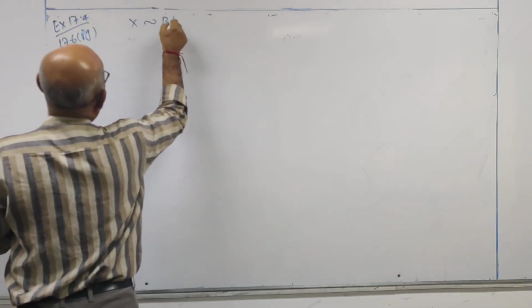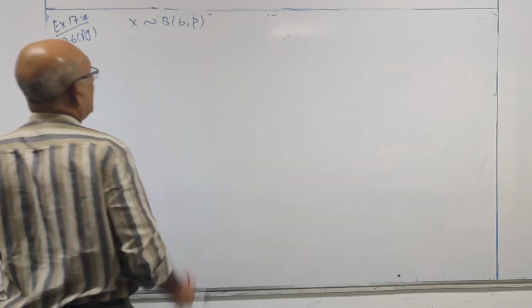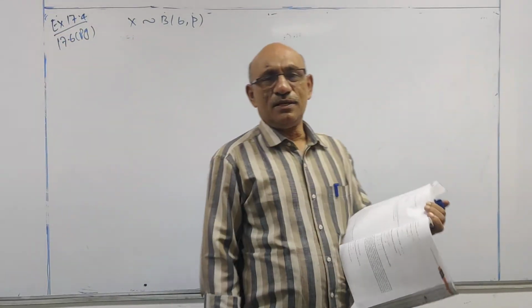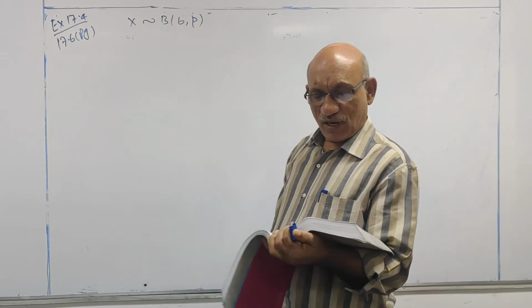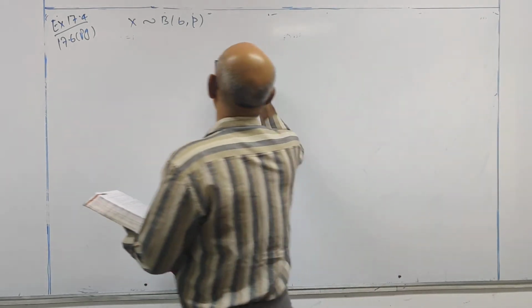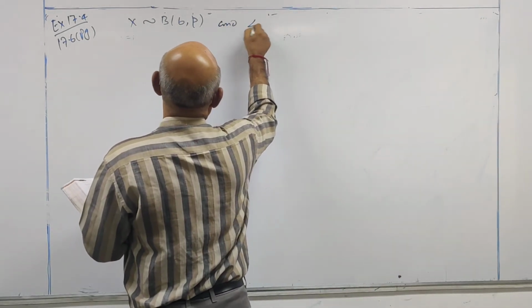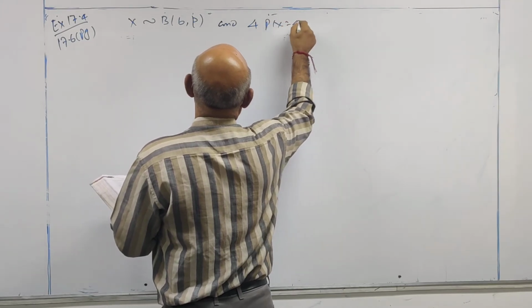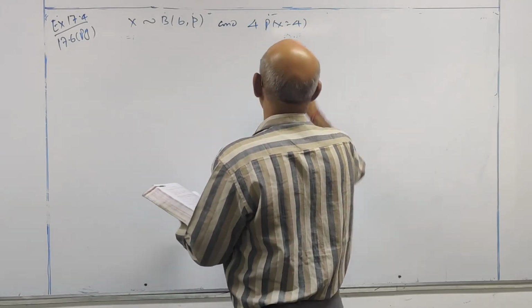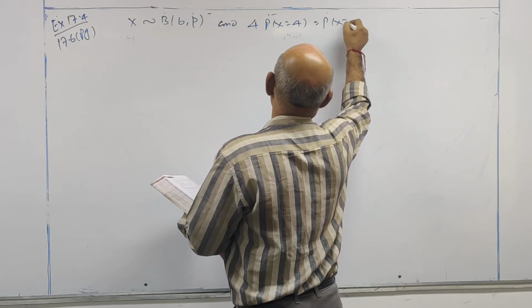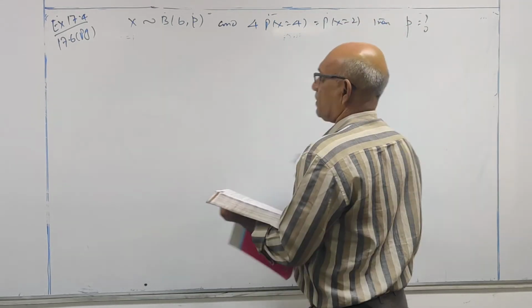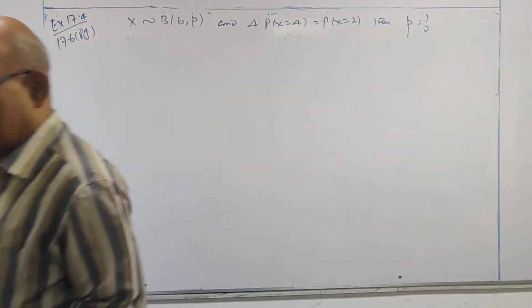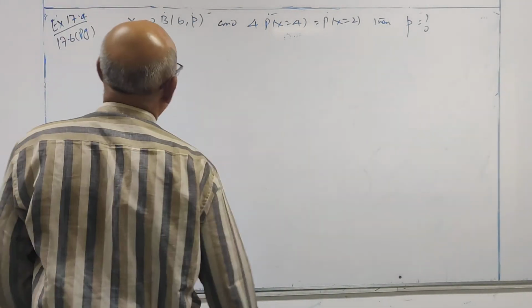X is a binomial variable with parameter 6 comma p and 4 into probability of x is equal to 4 is equal to probability of x is equal to 2. Then p is question mark.